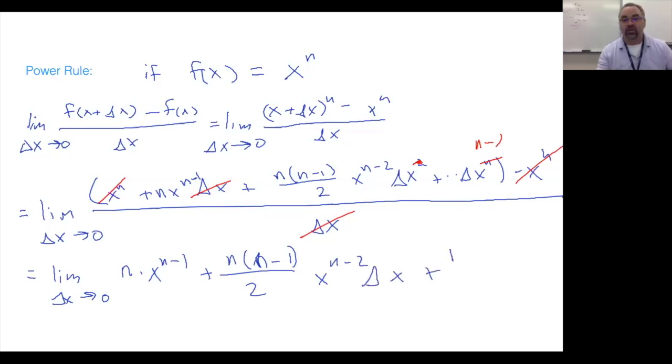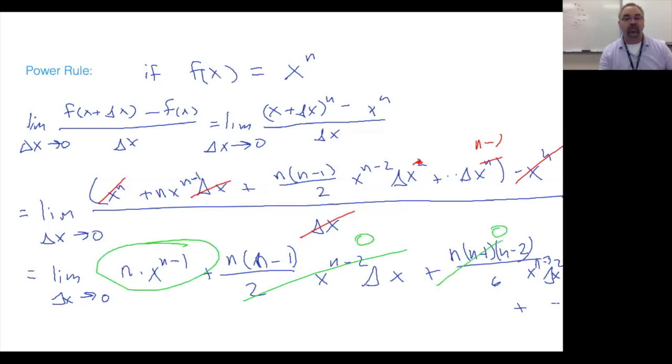This is n times n minus 1 times n minus 2 over 6 x to the n minus 3 delta x squared, and so on and so forth. Well, as delta x goes to 0, all these terms with delta x are gone, they're all 0. The only one we're left with is this guy here, and it doesn't have a delta x in it. So we get n times x to the n minus 1 power, and that's your power rule.